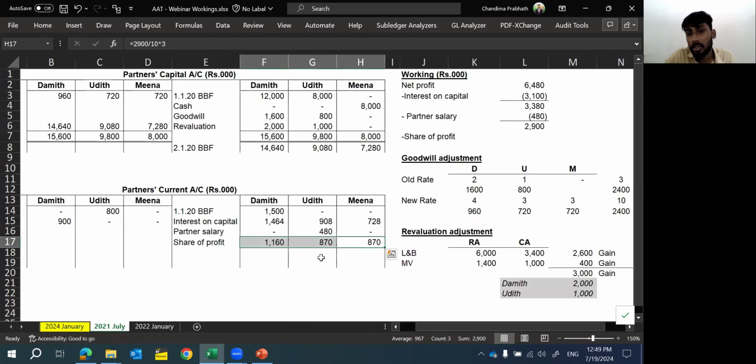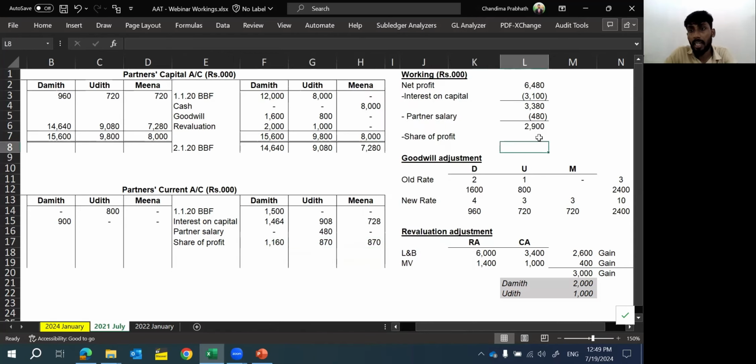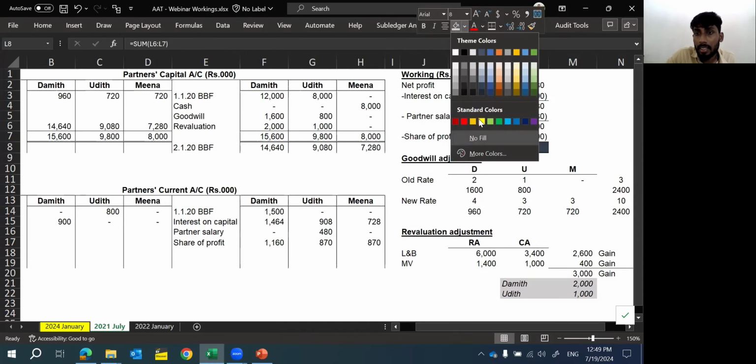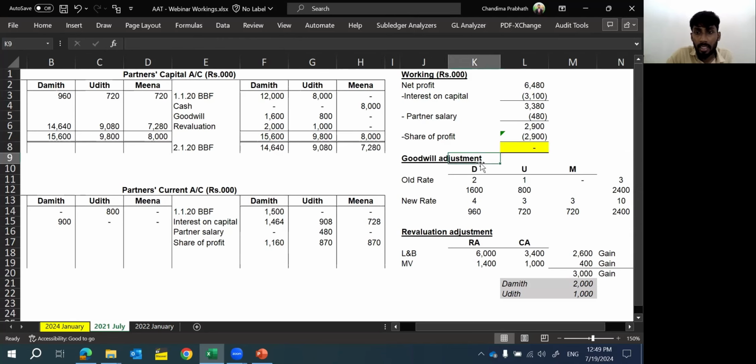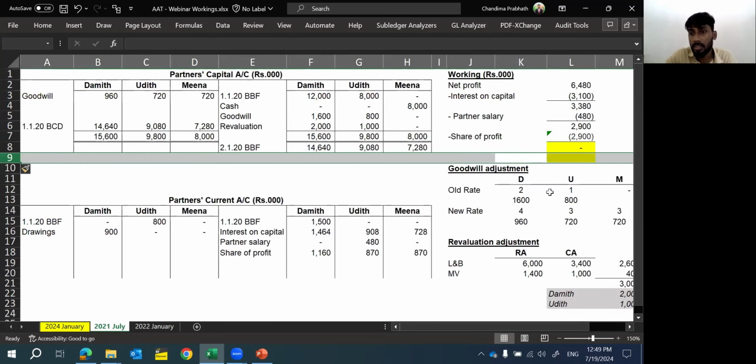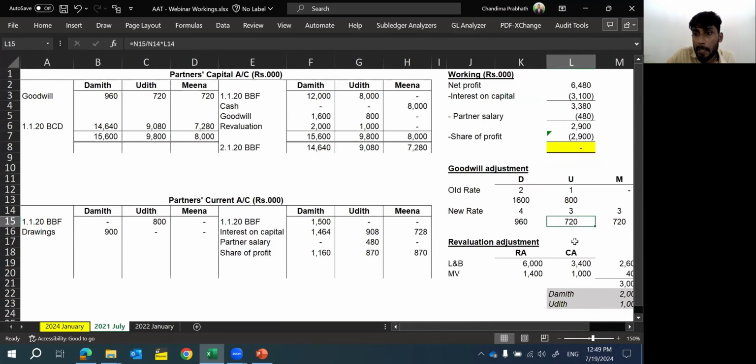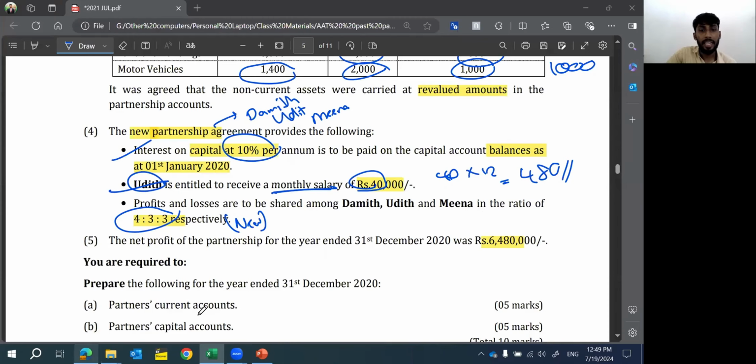So you can get 2,900, the total here. Now, when I split that here, the net balance will be 0. Clear. We are done. We have appropriated the profit.